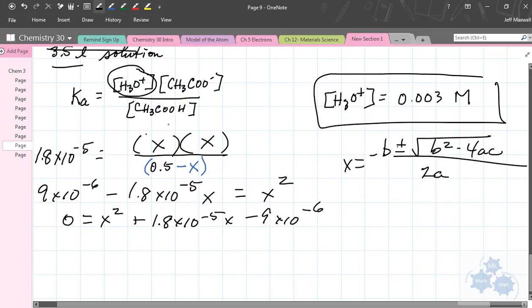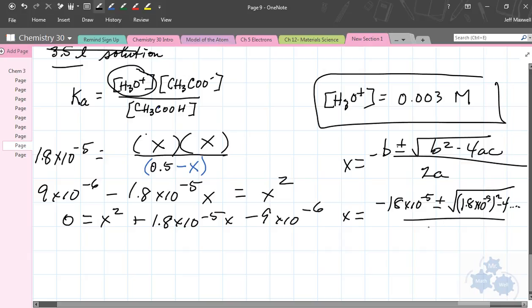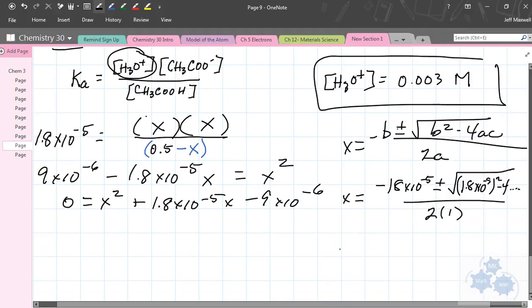You guys know that song. That's awesome. So negative b is negative 1.8 times 10 to the negative 5, plus or minus the square root of 1.8 times 10 to the negative 5 squared minus 4ac, all over 2 times 1, 2a. Okay, so do this real quick on your calculator.